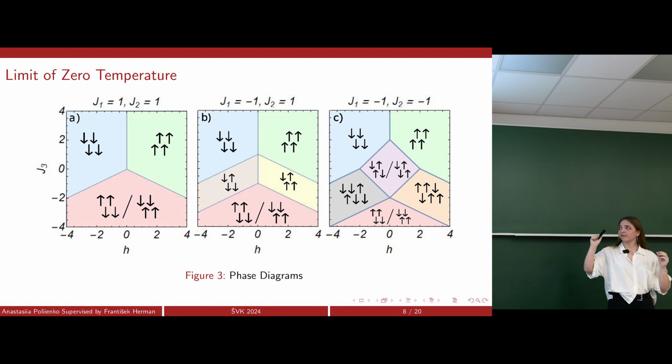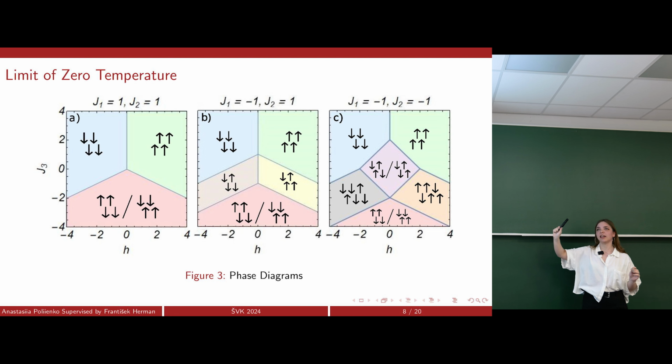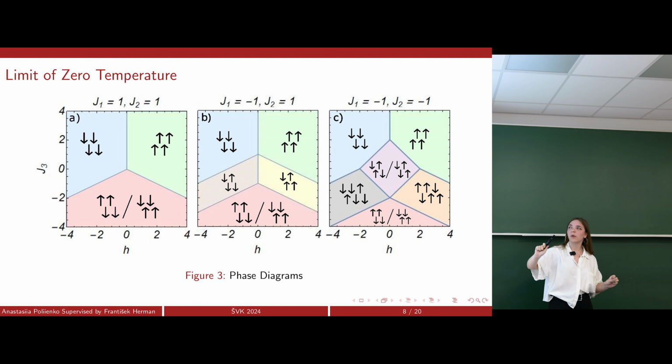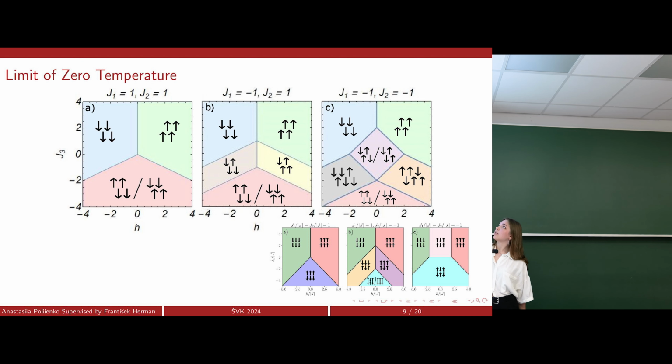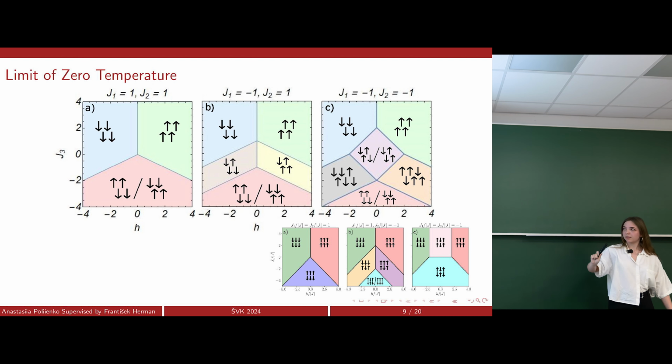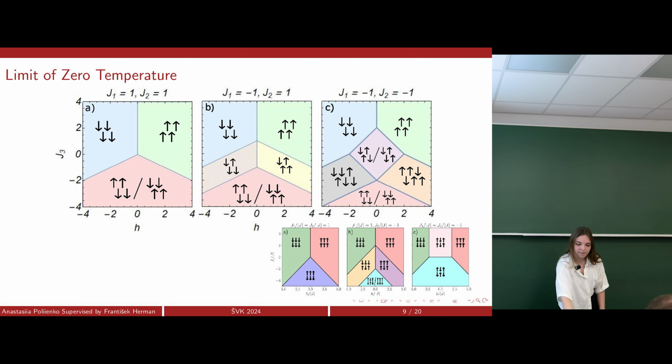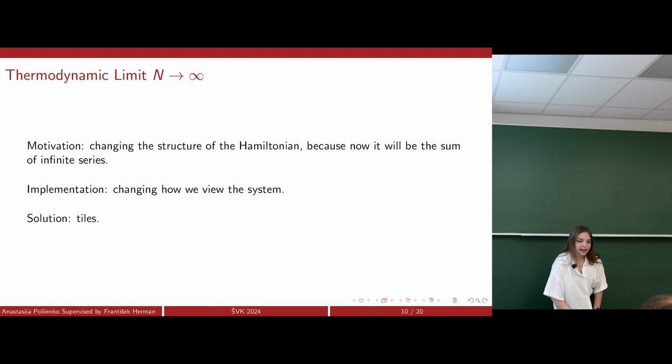This plot was investigated a bit later, when we already knew how the system behaves while we were seeing the magnetization of the system. And if we compare the results with the ladder model, we can see that the first two plots are quite similar, while the third case of two coupled antiferromagnets is different. And let's try to explain why.